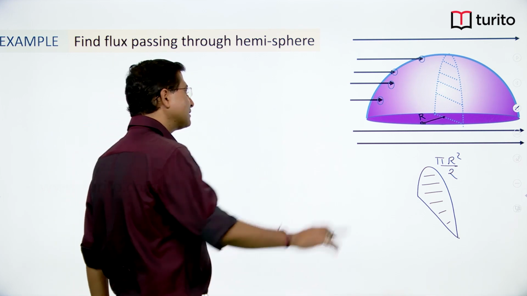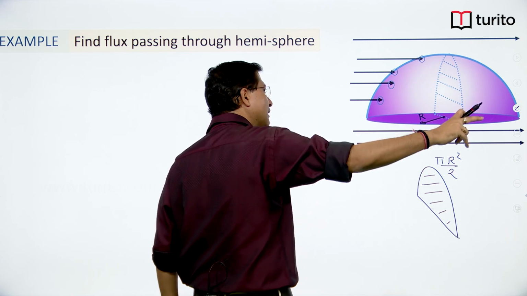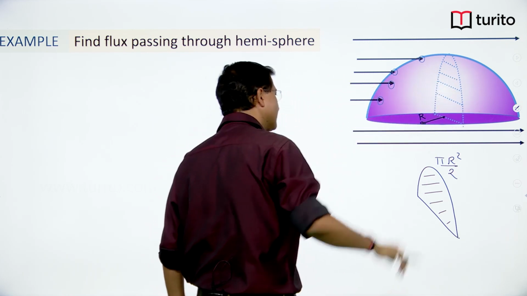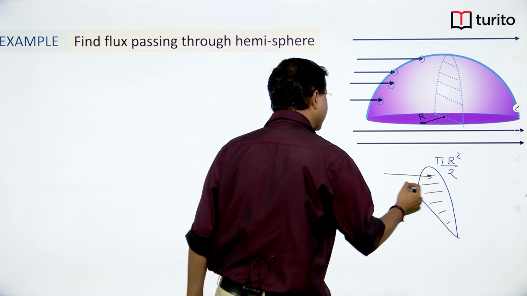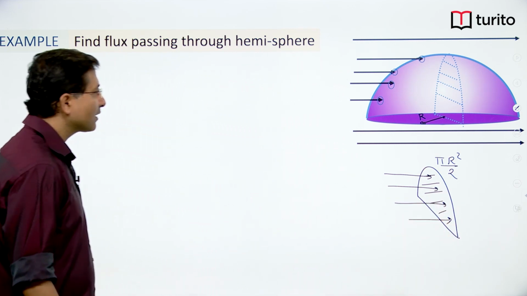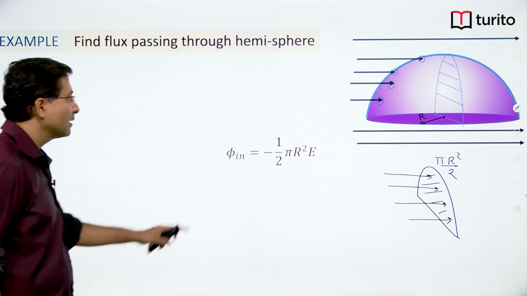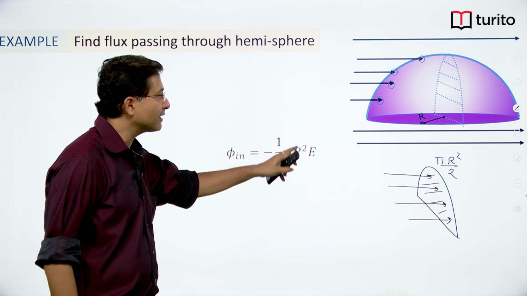So you can visualize this situation as we have got an imaginary area this way and lines are entering into it. So lines are entering into it, right. So how much is the flux associated? Flux in is minus area, pi r square by 2, times E.